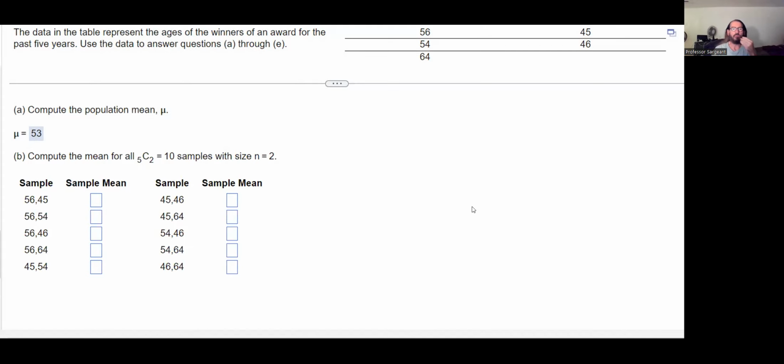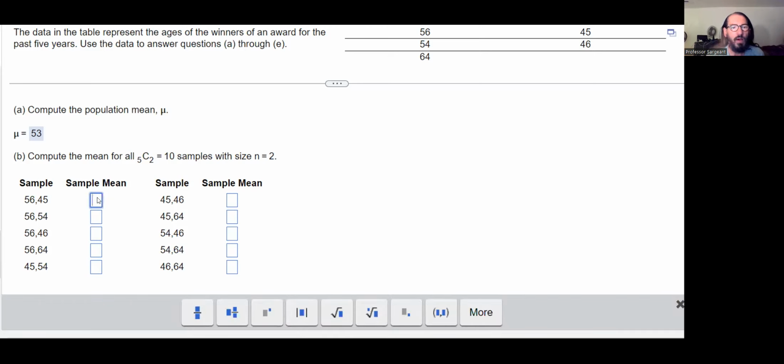Okay, for those of you that have dealt with section 5.5 in this textbook, or if you're using a different textbook, if you have learned about the multiplication principle of counting, about factorials, permutations, and combinations, you can see that from a small population of 5, there would be 10 samples of size 2. 56 and 45, those are 11 apart.